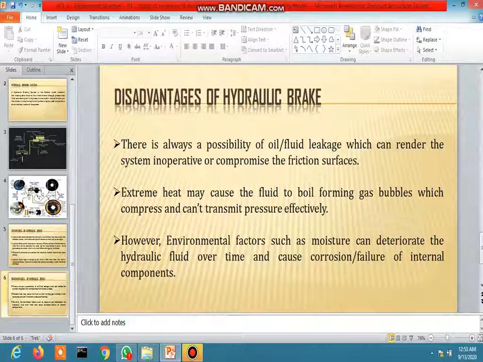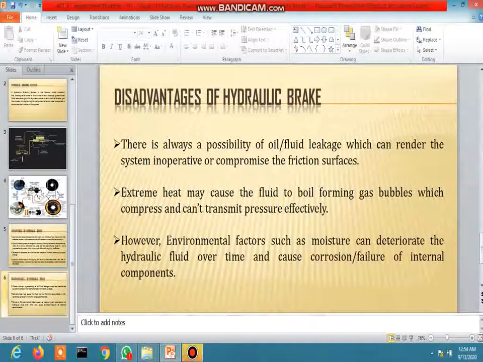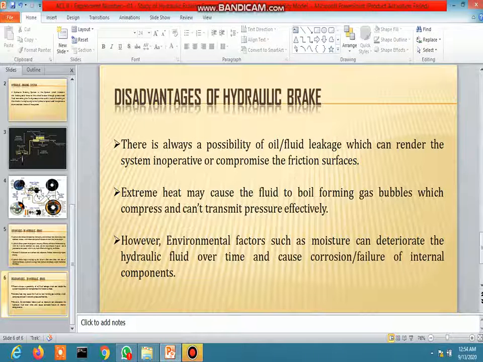The internal composition or internal characteristic of the brake oil comes down. So the pressure transmitting ability also deteriorates at that time.